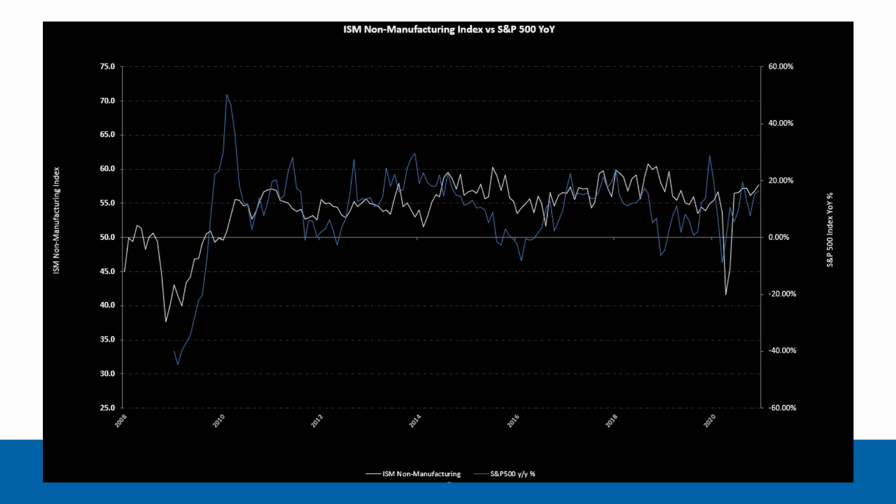Of course not. So if we look, for example, here on this chart at the end of 2013 and 2014 period, we can see that the NMI was printing a number of times below 55, so between 50 and 55, and we still got stock market performance that was around the 20% level.